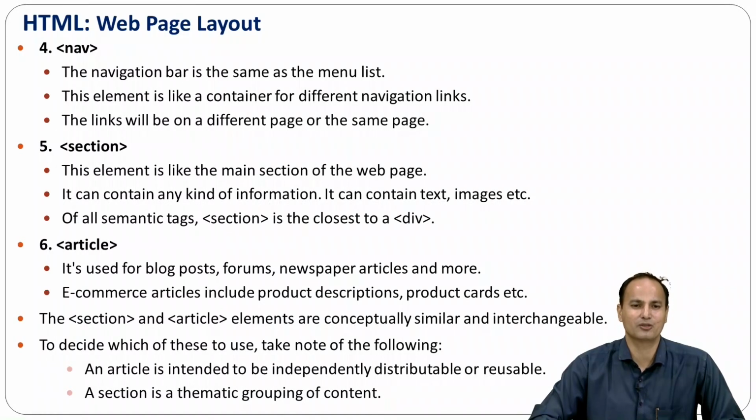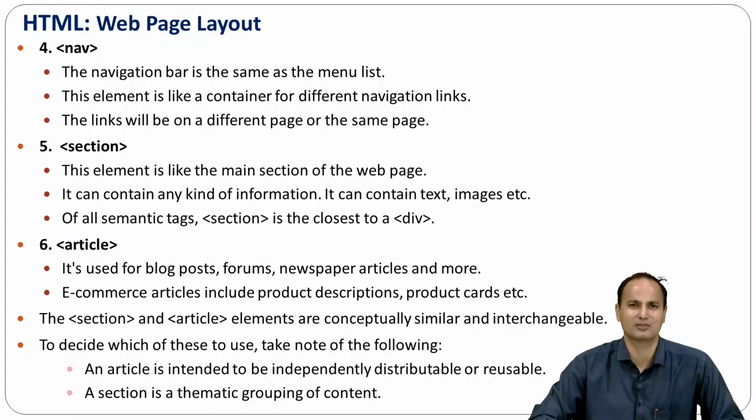To decide which of the two to use, we have to take note of the following two lines. An article is intended to be independently distributable or reusable, while a section is a thematic grouping of content. So a section makes a thematic group of content, while articles can be used independently.